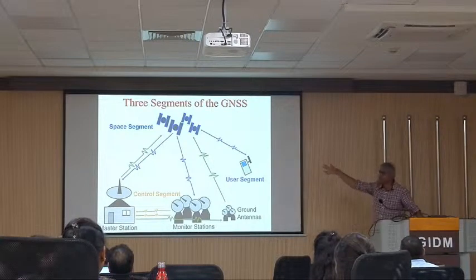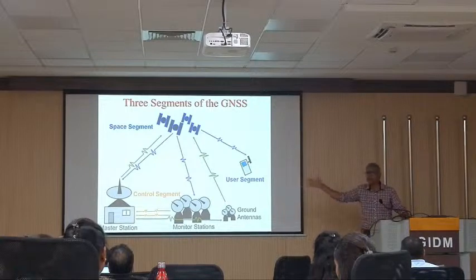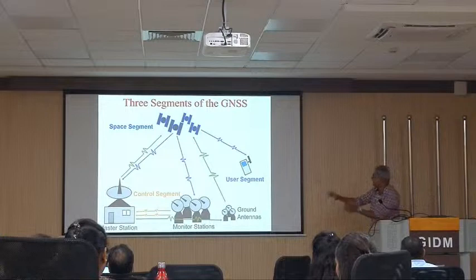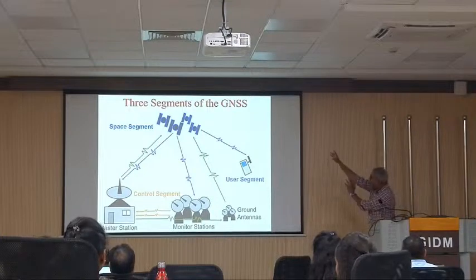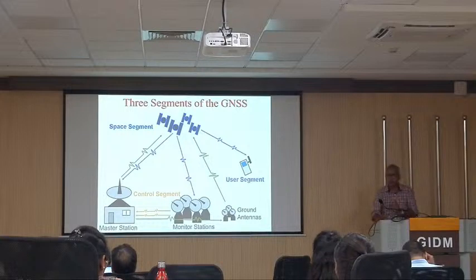So basically, as discussed earlier, the space segment will give you some correction. The control segment, which already has some data fed to it, will rectify those errors, and then it will send back to the satellite or directly in parallel to the user or our mobile systems, and it will give you the correction, right?